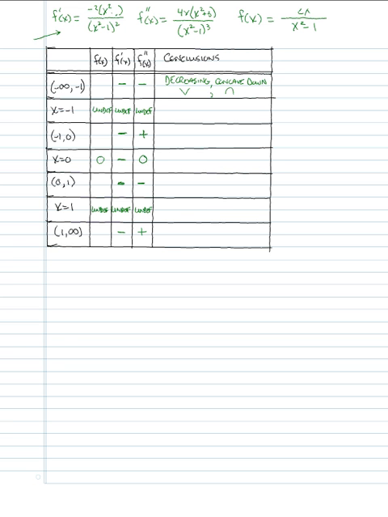Okay, there are really no conclusions at x = -1, nothing to say here, but we happen to remember that we do have a vertical asymptote there. So just as a reminder, I'm going to put that in.